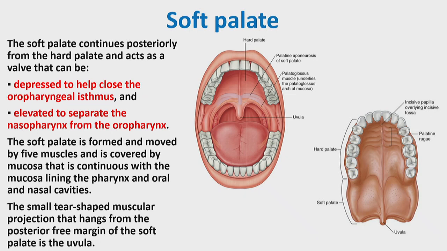So the soft palate, as we said, is the dorsal continuation of the hard palate, and it acts like a valve. Either the soft palate goes down, closing the oropharyngeal isthmus, meaning narrowing or closing the oral cavity and the oropharynx, or it elevates, separating the nasal part of the pharynx from the oral part of the pharynx.